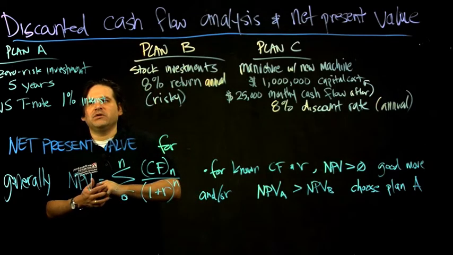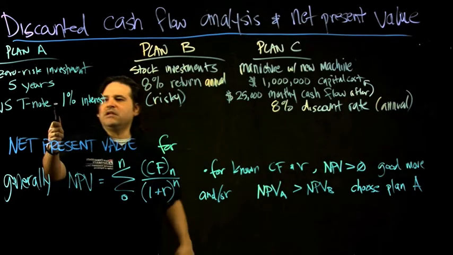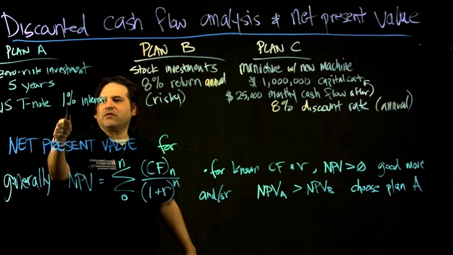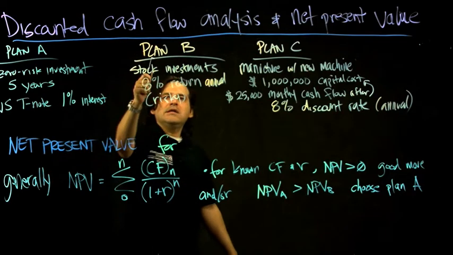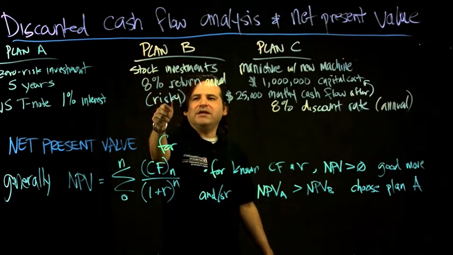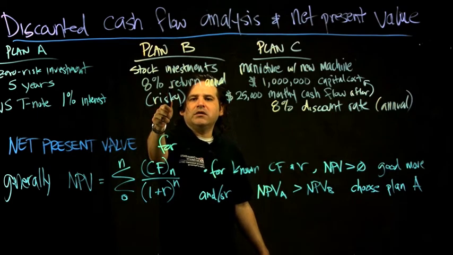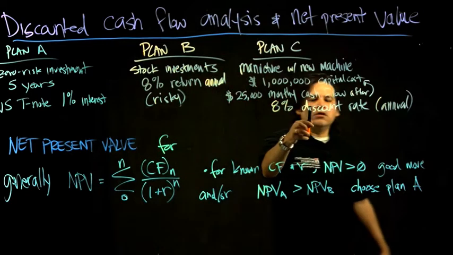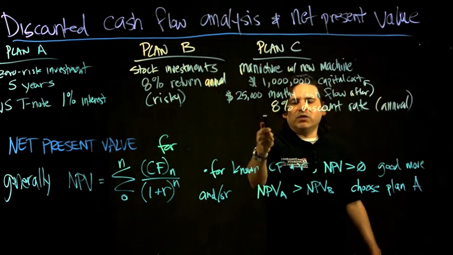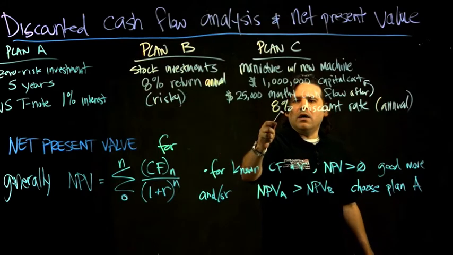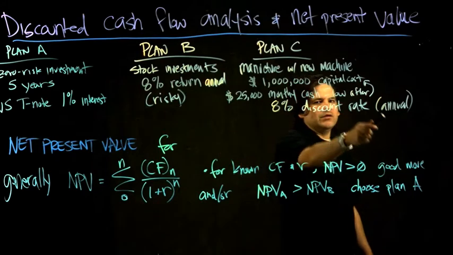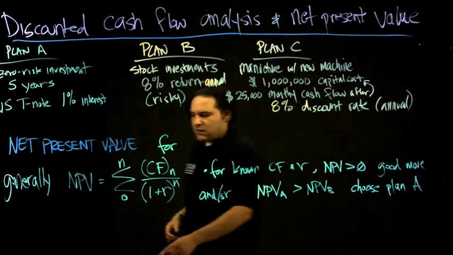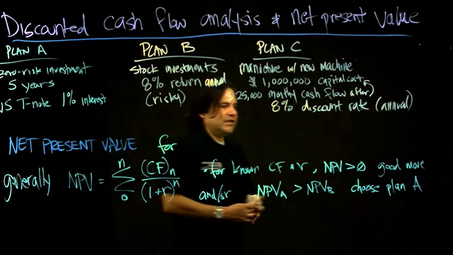The T rate is a 1% interest rate for the Treasury bond. This investment is expected to give an 8% return on our initial $1 million investment annually. It's risky. Similarly, any business operation is risky, so we'll put a similar discount rate on there annually. Okay? So let's do Plan C first.